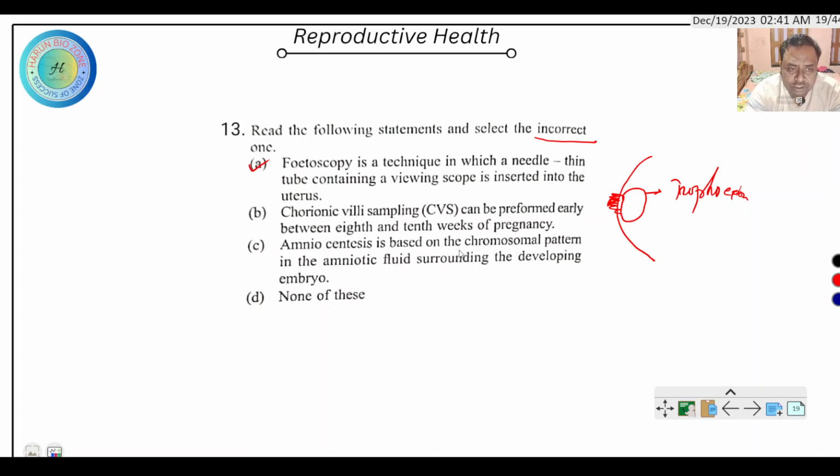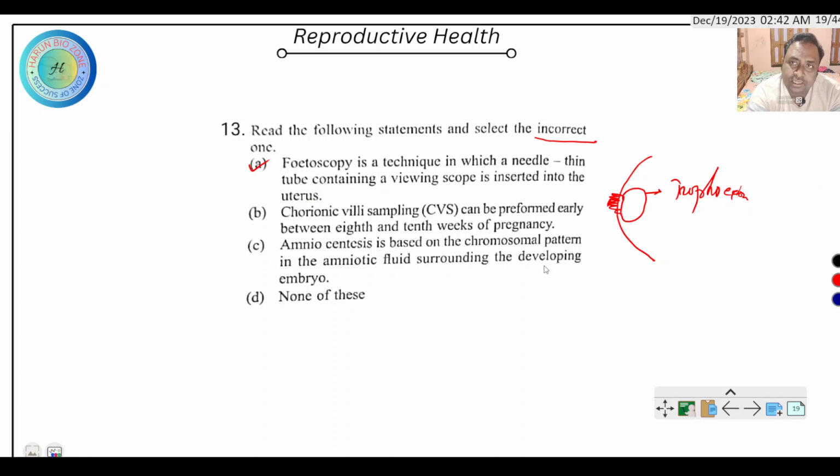Amniocentesis is based on the chromosomal pattern in the amniotic fluid surrounding the developing embryo. So, what is amniotic fluid? Amniotic fluid is a type of fluid in which the embryo is suspended. Okay, this amniotic fluid maintains the humidity or water condition, fluid condition. It is a shock absorber and prevents the embryo from desiccation.